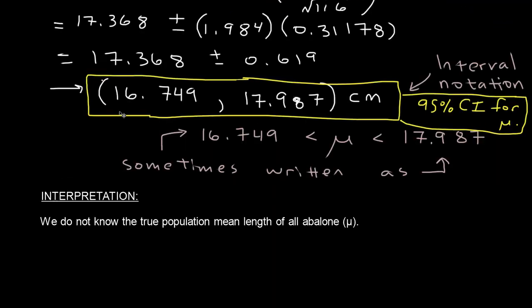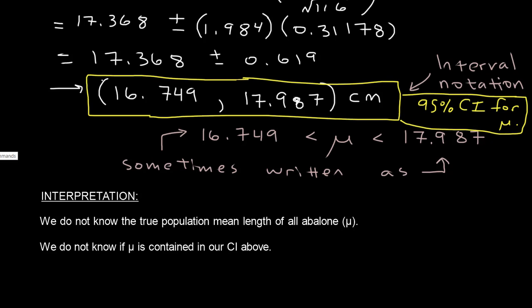Interpretation. Again, we don't know the population mean mu. And so we also don't know if the population mean is contained within our confidence interval that we created in the box above. But what we say is that we are 95% confident that our confidence interval contains mu.